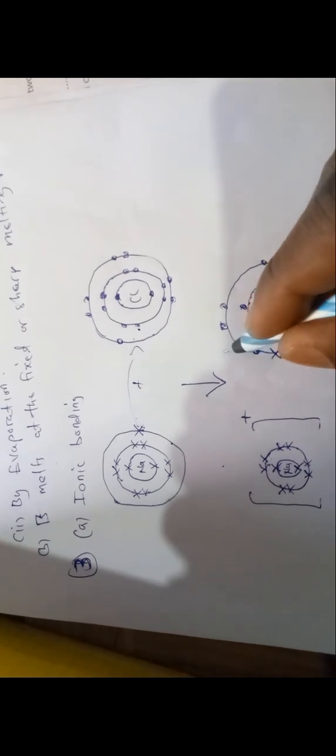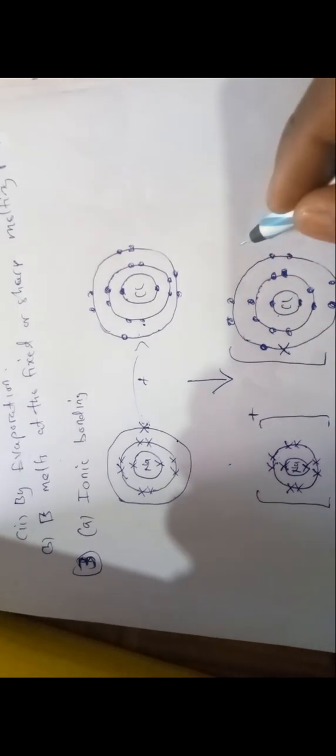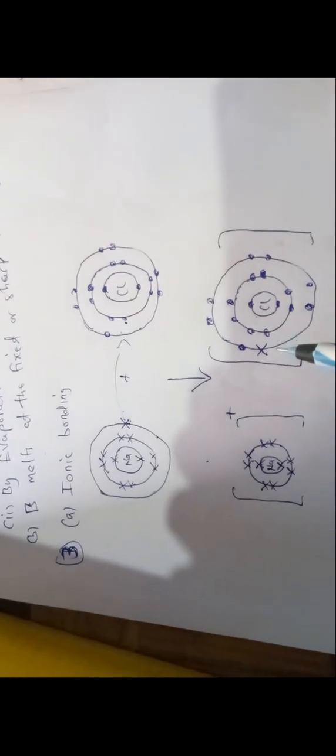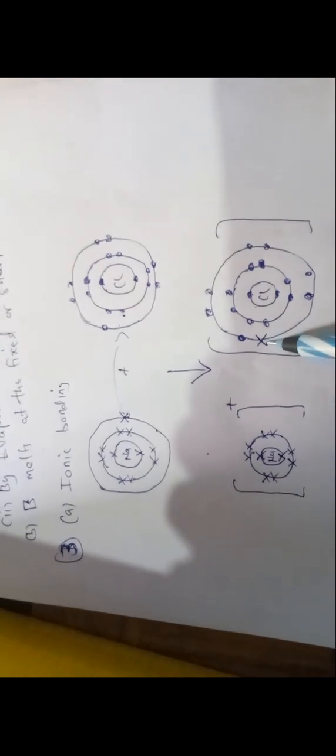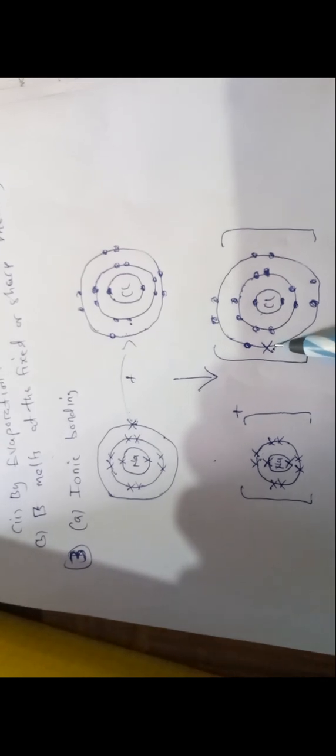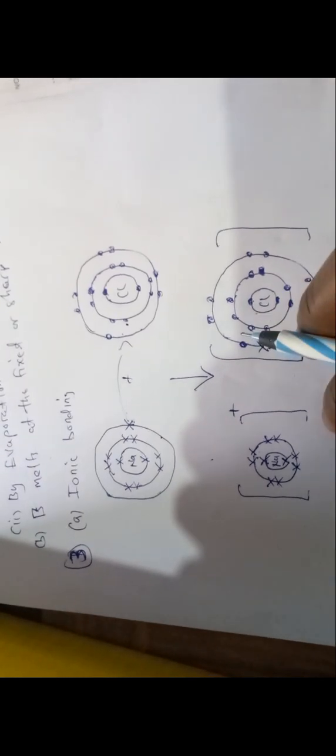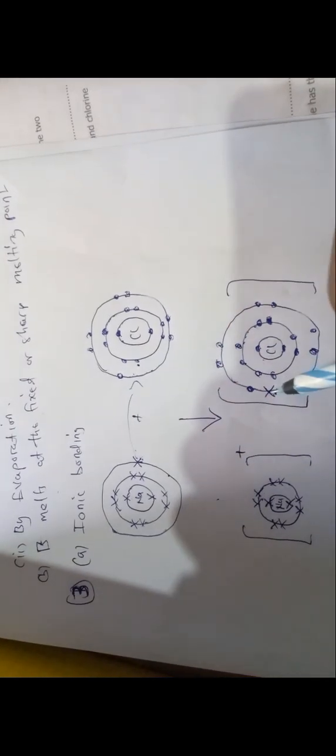Okay, we also put this in brackets, and then it has gained how many electrons? 1. So when an atom has gained an electron or electrons, it gets a negative charge. Now that it has gained only 1 electron, so the charge is just negative.